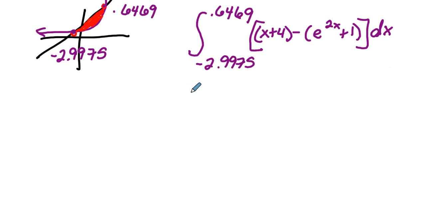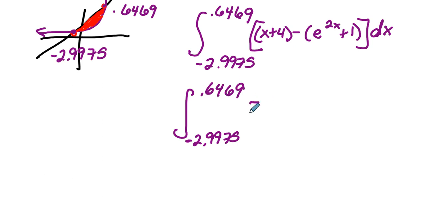Then we're going to simplify the inside, from negative 2.9975 to 0.6469. When I simplify the inside, it doesn't simplify a whole lot, but I do end up getting x minus e to the 2x, and then 4 minus 1 is 3.